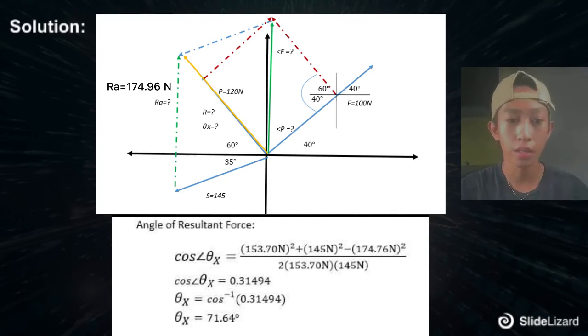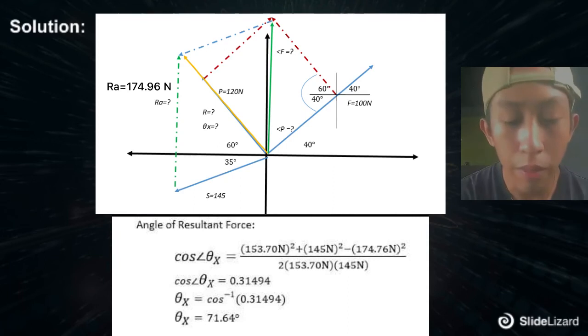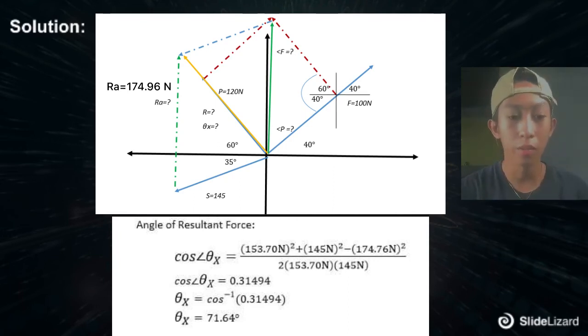The given formula is cosine angle theta x is equal to R squared plus S squared minus RA squared divided by 2 multiplied by R multiplied by S. Cosine angle theta x is equal to 153.70 N squared plus 145 N squared minus 174.76 N squared divided by 2 multiplied by 153.70 N multiplied by 145 N.